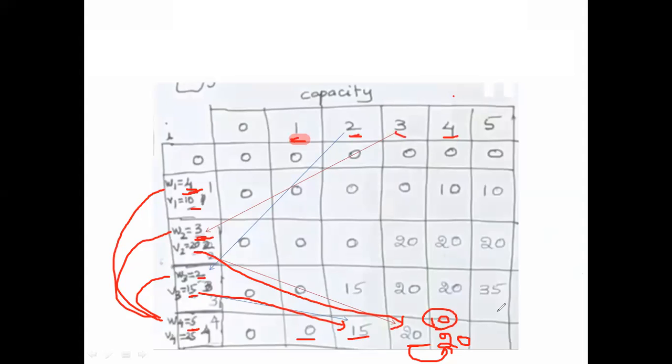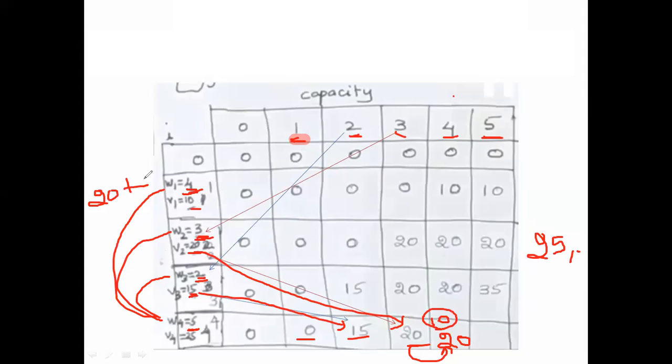And next 5 kg pack, we have 5 kg capacity. Okay, 25 is one answer. Value 25 is one answer. And another 2 weights are there. 3 plus 2 is also 5 kg. That I can also hold in the 5 kg capacity. 3 plus 2. So the value of 3 plus 2 is 20 plus 15.